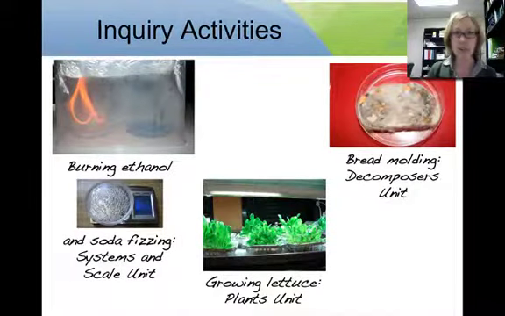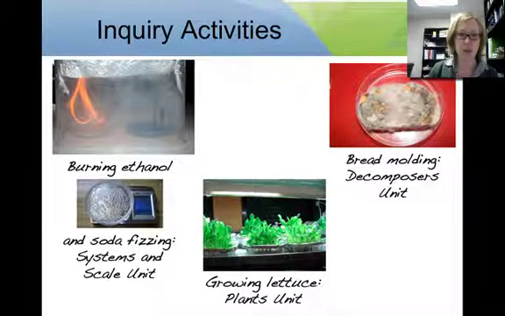And so each of the units has an activity kind of like this. So systems and scale has 2 activities, burning ethanol, and an optional activity about soda water fizzing. In the plants unit, students grow lettuce and then figure out if the loss of mass of the soil can account for the growth of the plant's biomass. And then they also measure the color of BTB with plants in the light and the dark.